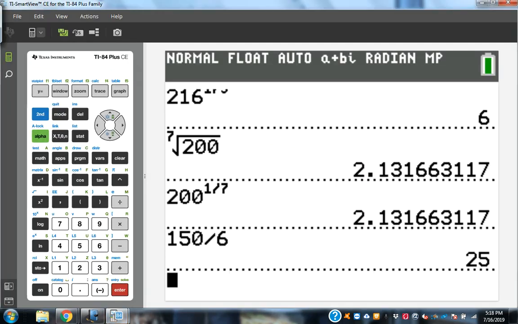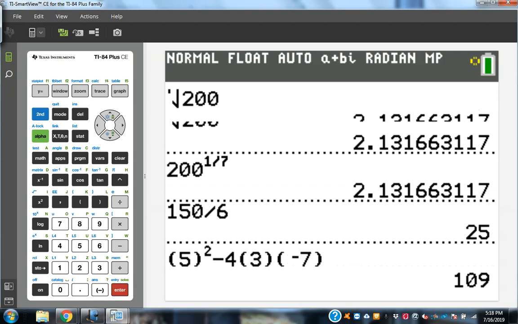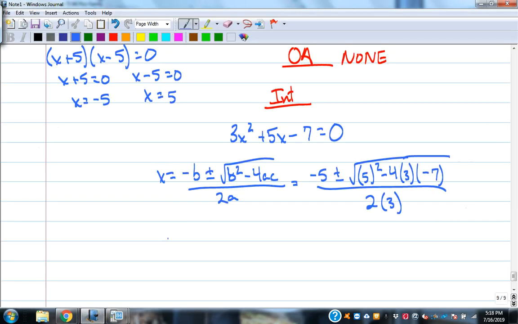I'm going to use the calculator to help me a little bit. 5 squared minus 4 times 3 times -7. We'll get 109 underneath the square root. That doesn't simplify. Square root of 109 doesn't simplify.